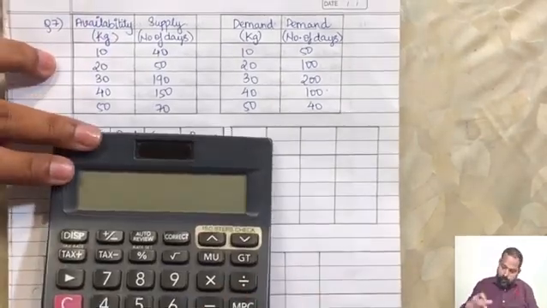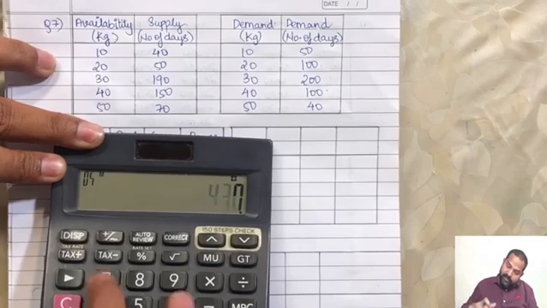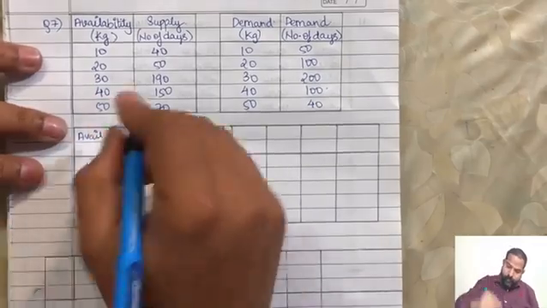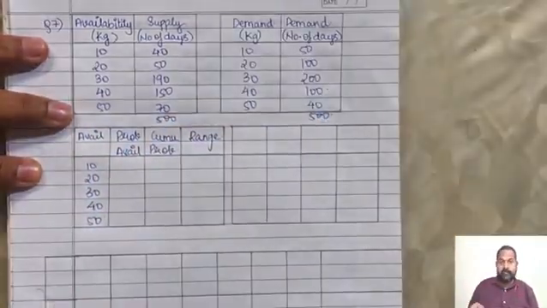So 40 plus 50 plus 190 plus 150 plus 70 is 500. Fantastic. So this total is 500. This will also be 500.